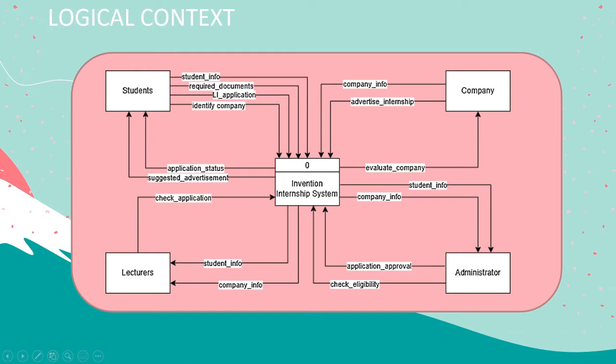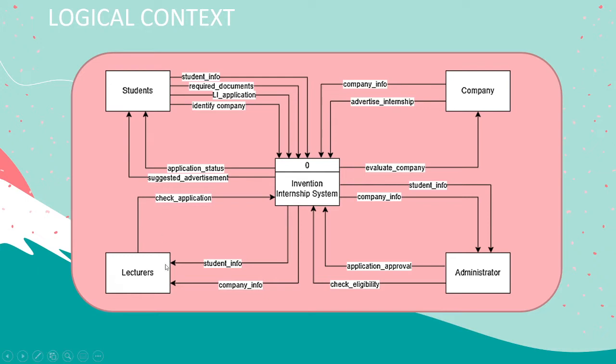As you can see, we have 4 types of users. Students can fill up the forms like documentation, and they can do the application placement, which is LI application, and identify a company. Over here, the company can advertise their internship vacancies and update their information like locations, contact persons or email address.